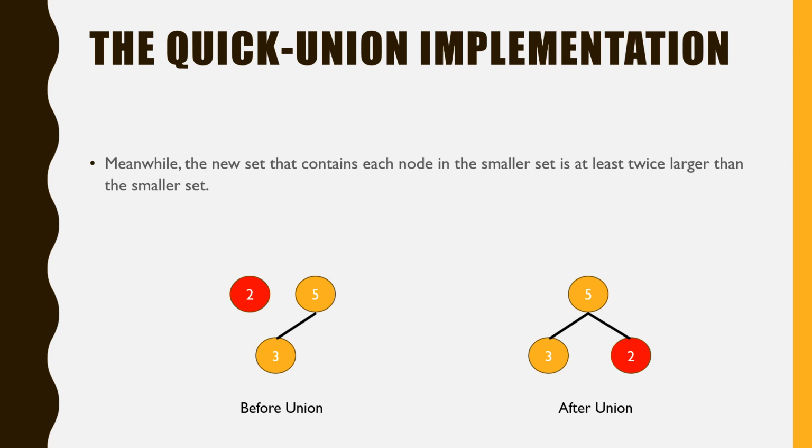After the merge, element 2 is now part of the new set 5, which has a size of 3. The new set 5 is at least twice as large as set 2. This effect occurs because smart union always merges the smaller set into the larger set.